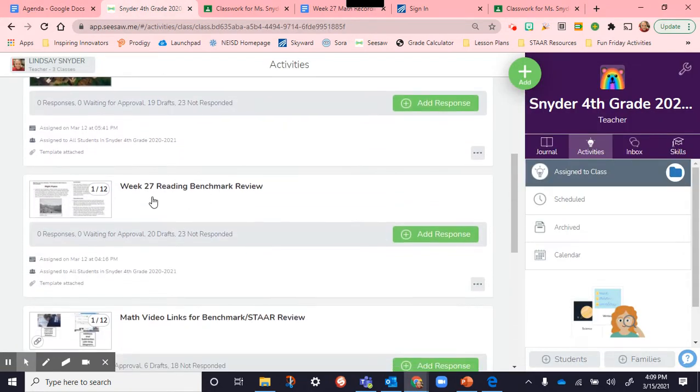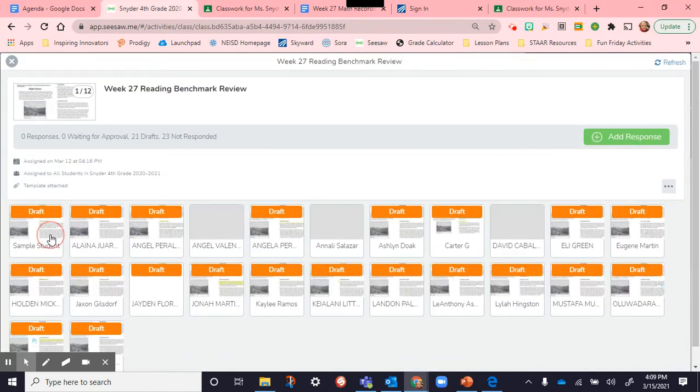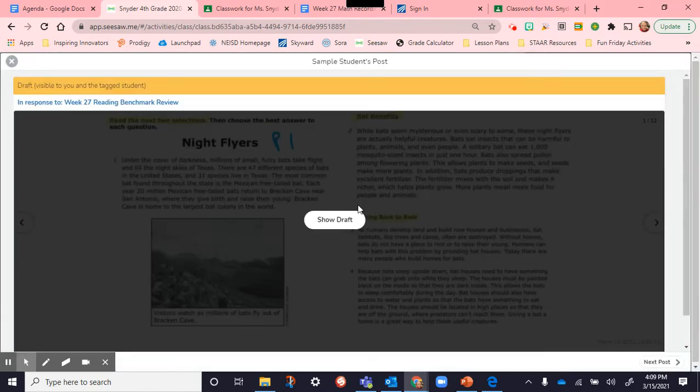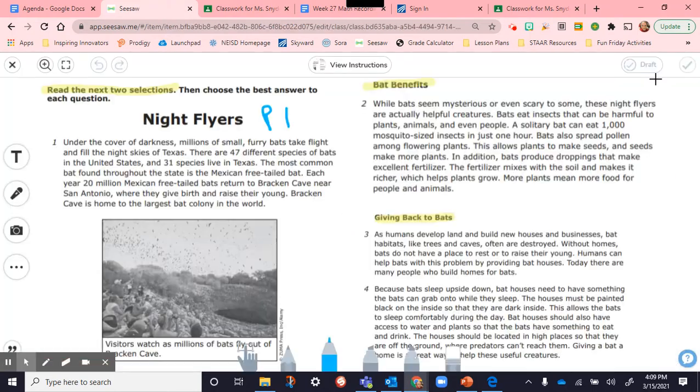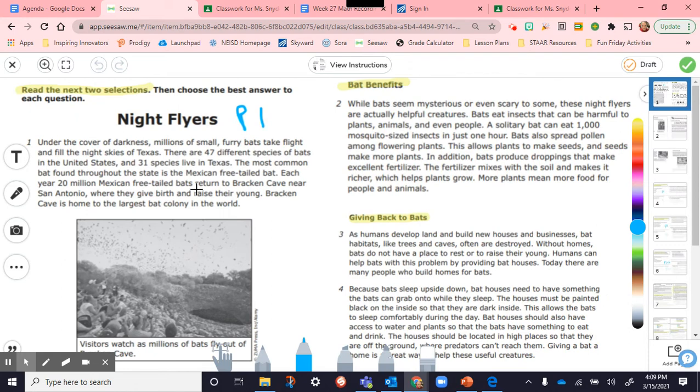So if you go down to week 27 reading benchmark review and open up your draft, we read the story right here called Night Flyers. And we know it was a paired passage because at the very front it says read the next two selections.